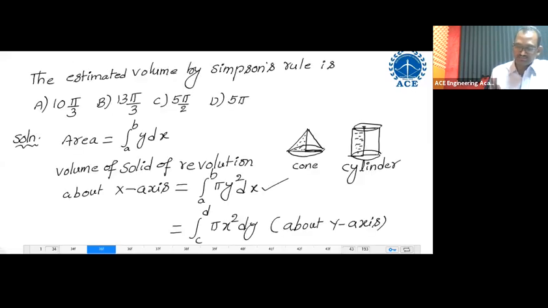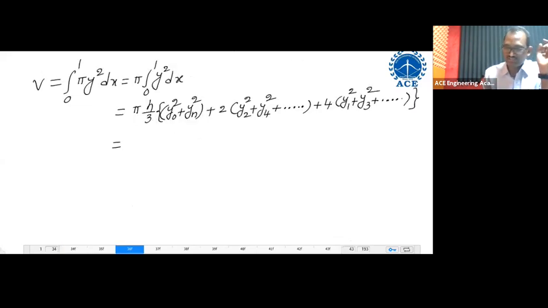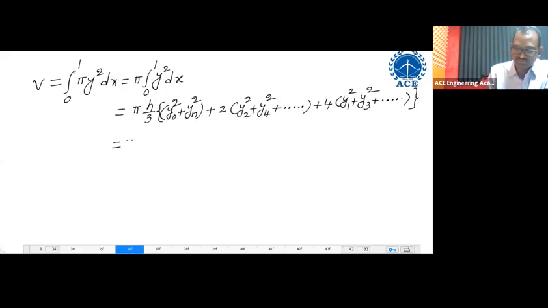Look at the subinterval length. Even though the subinterval length is not given, we are able to guess 0.25. The difference between any two consecutive x values will be the subinterval length denoted by h. 0.25 minus 0, 0.25, means h value is 1 by 4.